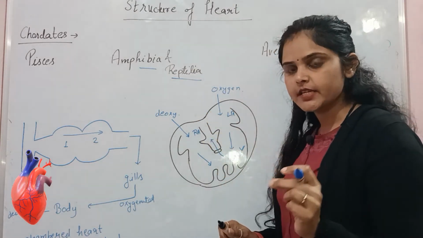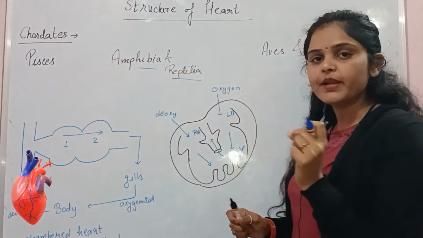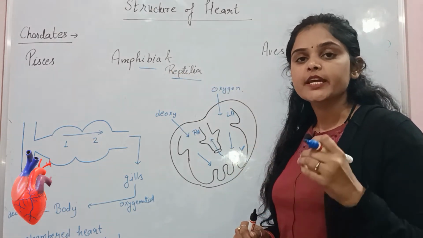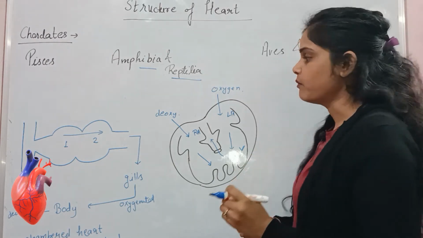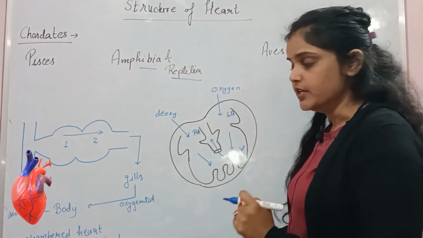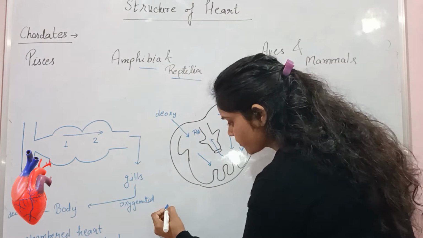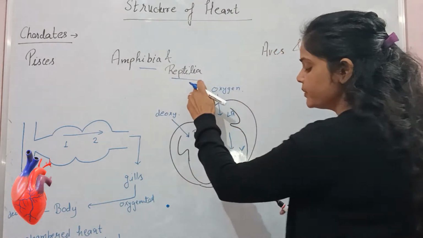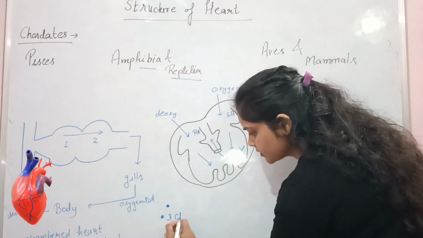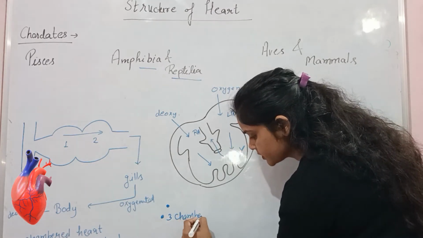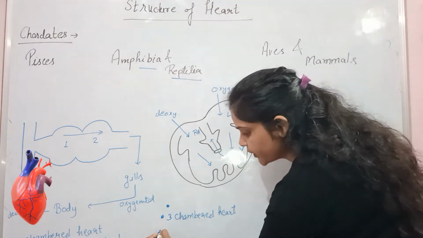So in amphibians and reptiles, the blood which is pumped into the body is of mixed type. Here we can conclude one important thing: in amphibia and reptilia, a three-chambered heart is present.